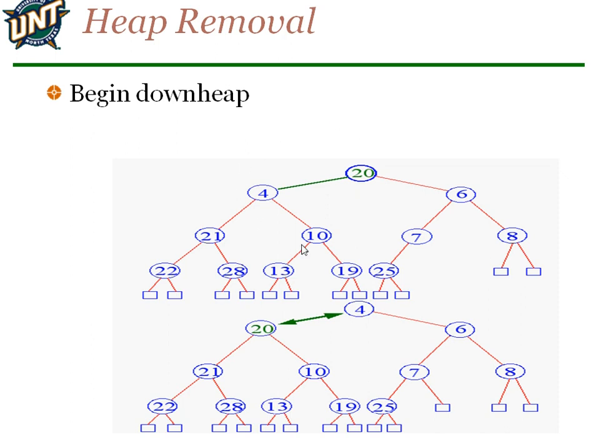Then we will do heapify, or perform the down heap operation. We will check the child nodes, right? We found that the left child is less, so we replaced this 20 with this 4, right?